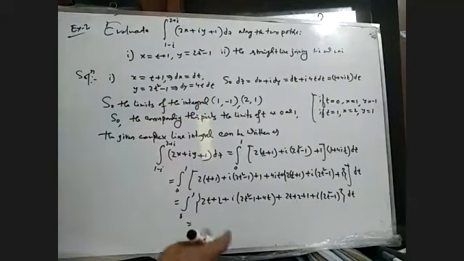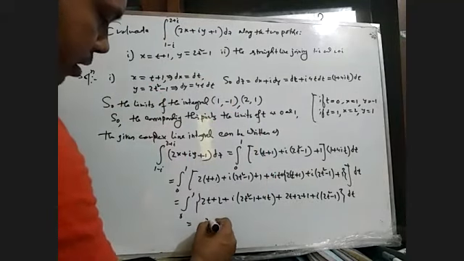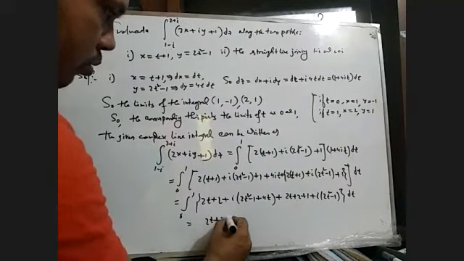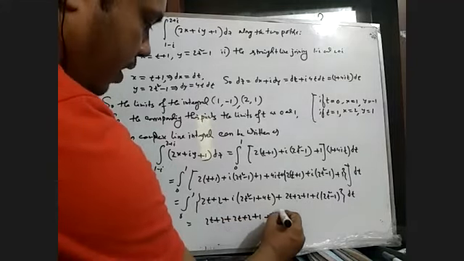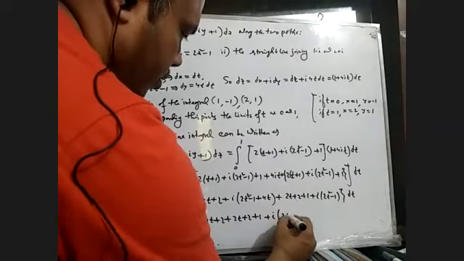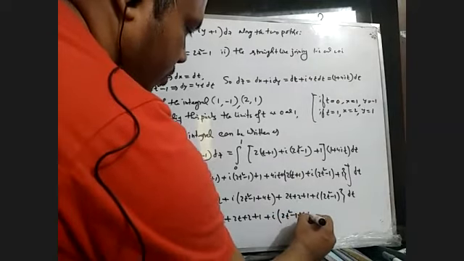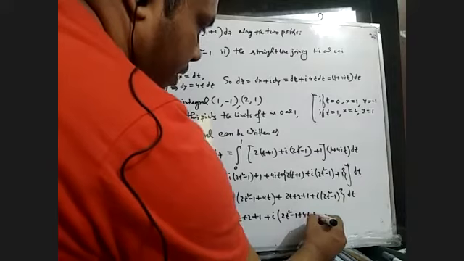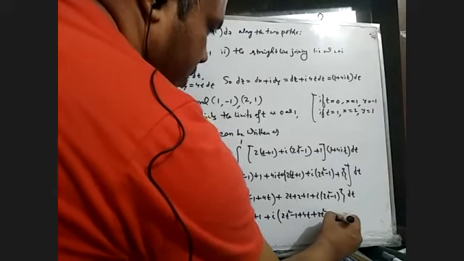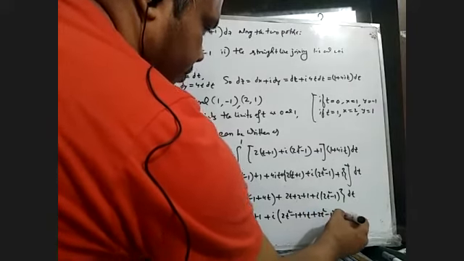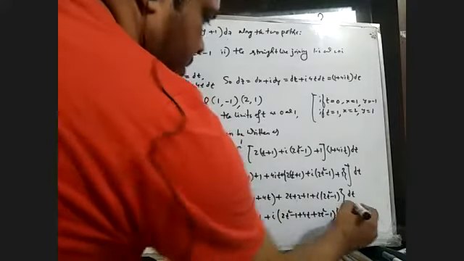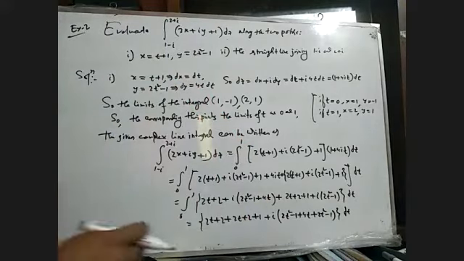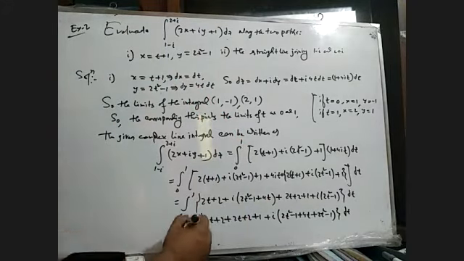So we can separate into real and imaginary part: 2t plus 2 plus 2t plus 2 plus 1 plus i into twice t square minus 1, 4t plus 2t square minus 1. Just separating real and imaginary part, we get this one, and this is the integral 0 to 1.